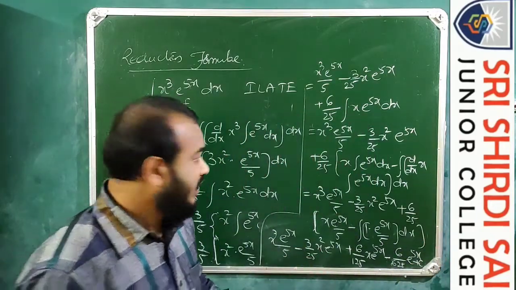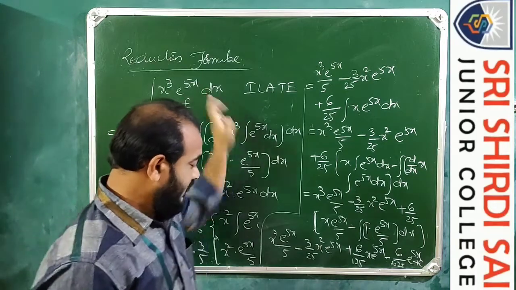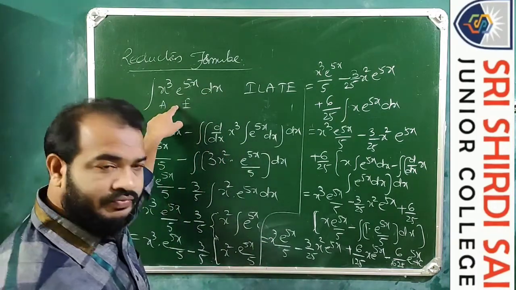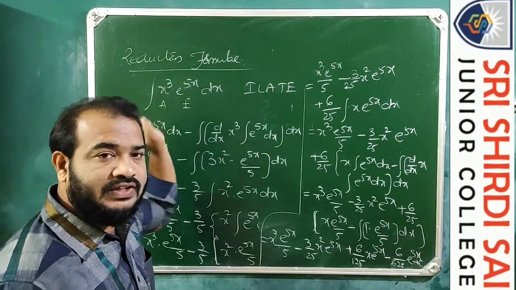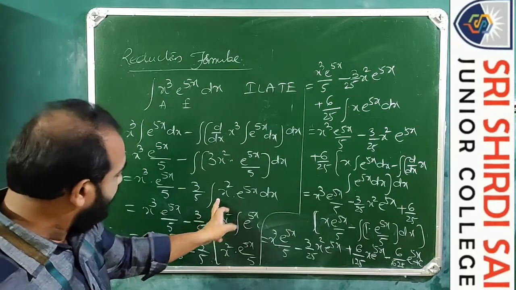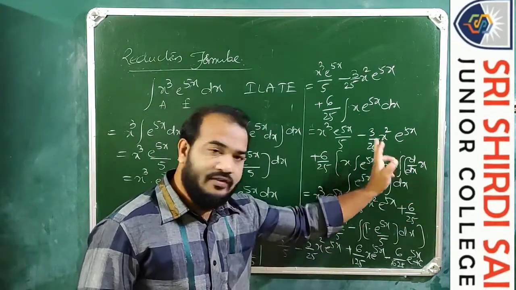So what I mean to say is, for the integral x cube into e power 5x dx, we have to do the integration by parts thrice. First x cube e power 5x has been reduced to x square e power 5x, and it has been further reduced to x e power 5x.